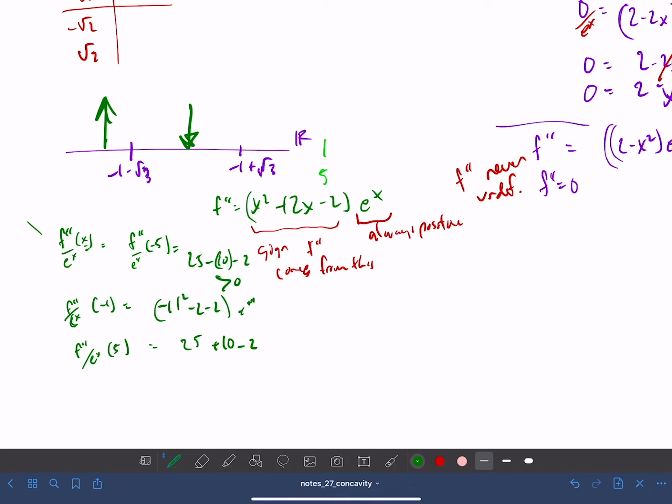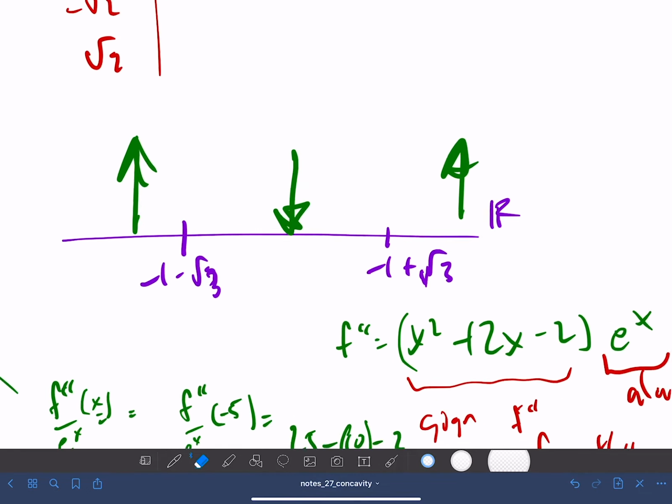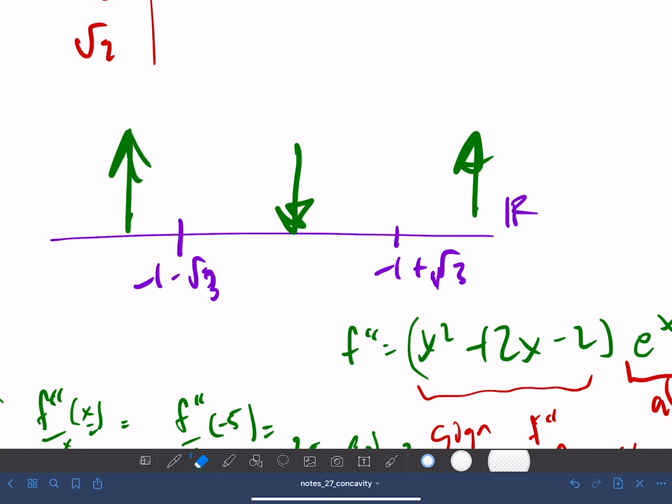Did not change the sign. All right, we found that that second derivative was positive, and so I know that this number line here is the signature of this second derivative. The function goes concave up, concave down, concave up, and it's separated by these 2 inflection points.